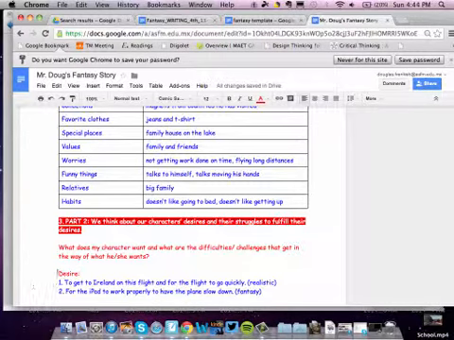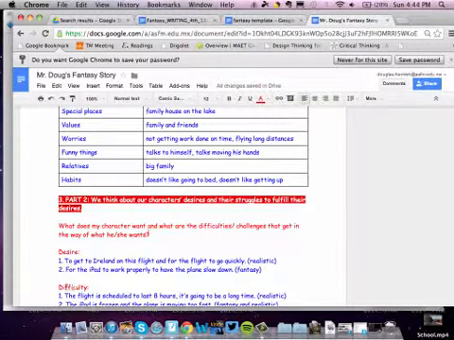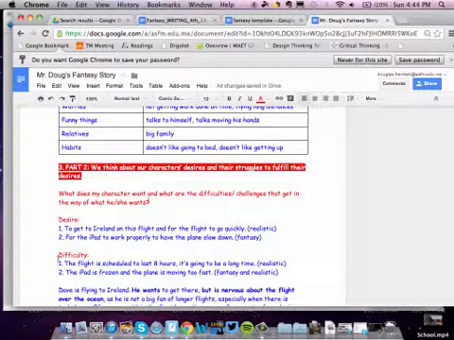Now, along with this desire, there's also some sort of difficulty with the accomplishment of the desire. So, to go along with this realistic piece of wanting to get to Ireland as quickly as possible, the difficulty with it is that the flight is scheduled to last 8 hours. It's going to be a long time. There's no way around it. That's the realistic part of this story.